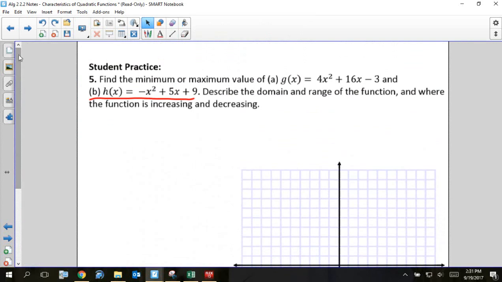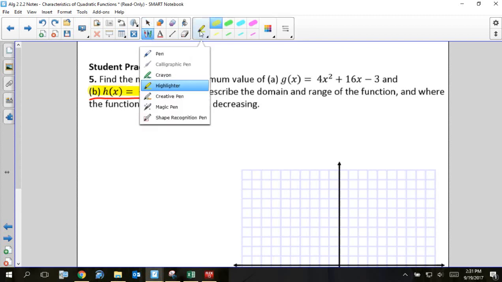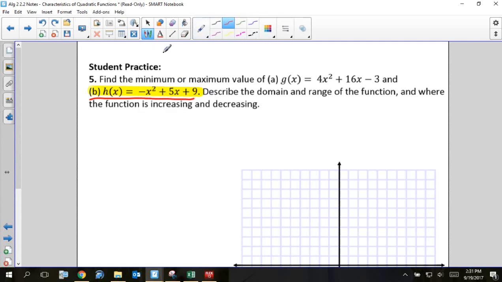We're doing function B. There's 2 to choose from. We're doing B. Axis of symmetry, x equals negative b over 2a. So we do negative, what's our b? 5 over 2 times what's our a?